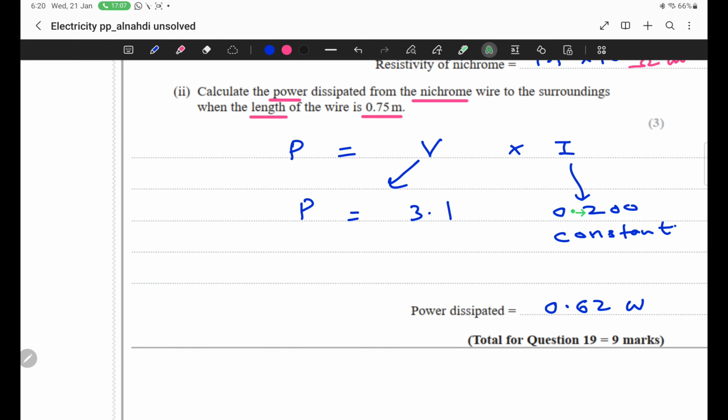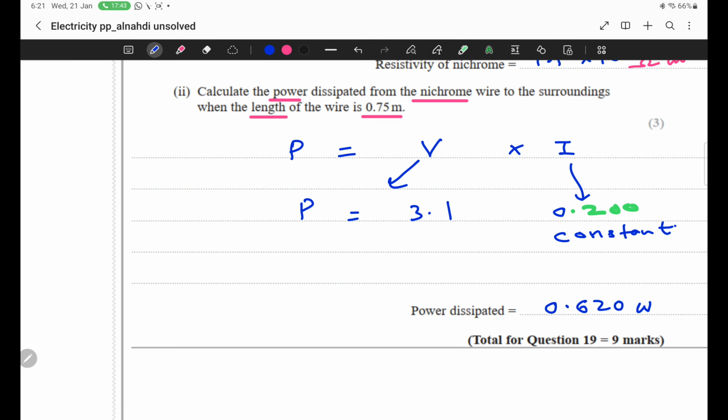But Bunny, the value of current is given especially in 3 SF, 0.200. ठीक है जनाब, ये खाली 0.2 भी लिख सकते थे, पर they have given 0.200, 3 SF. तो आप इसके अंदर भी एक SF बढ़ा दें, तो जरा बताइएगा 0.62 के बाद कुछ आ रहा है या जीरो लगा दूं बस? ठीक है, बस जीरो लगा लेते हैं। तो आपको ये जीरो लगाने का लॉजिक समझ में आ रहा है? मैं इसलिए जीरो लगाने पे फोर्स कर रहा हूँ क्योंकि आपको current की value 3 SF में दी हुई है.